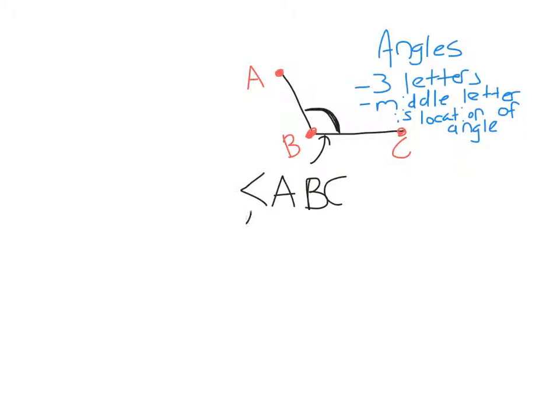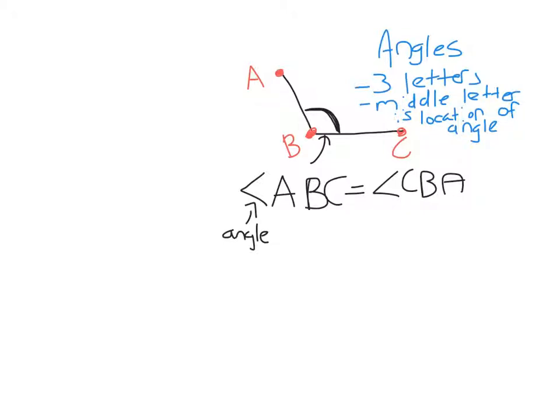That's what this little symbol here means. It means angle, angle ABC. I can also call it angle CBA. Mathematicians will know that if you say angle ABC or CBA, it means exactly the same thing. You can write it either way.